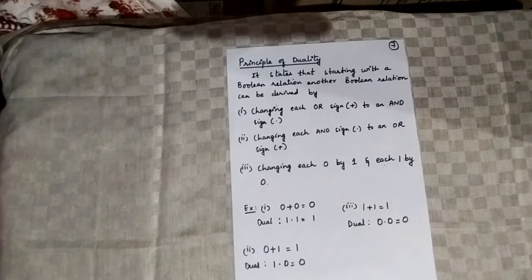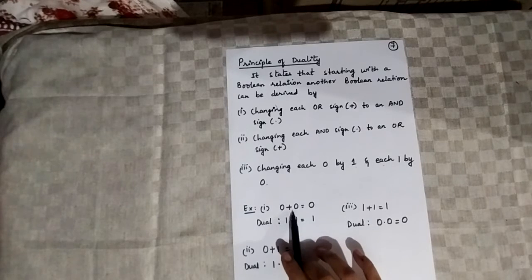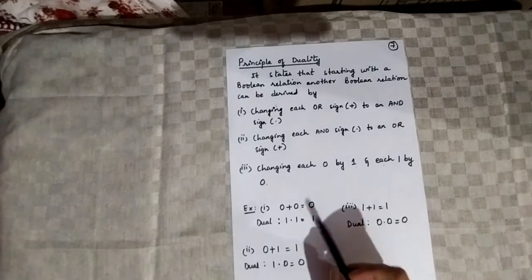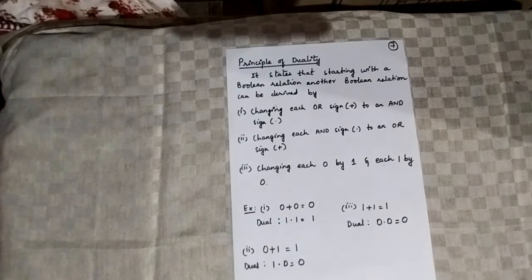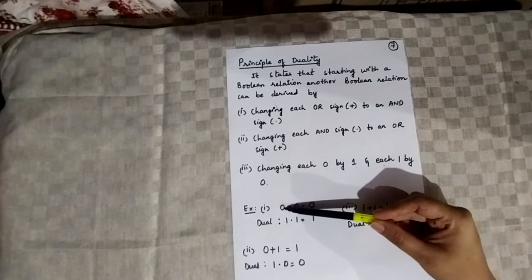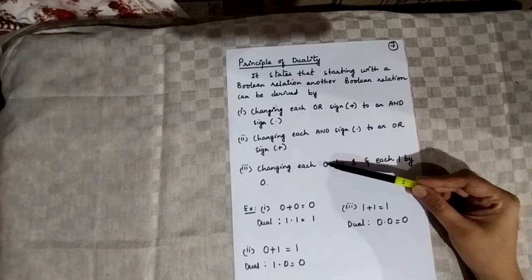So let us consider some examples. Coming to the first one, I have taken a Boolean expression 0 plus 0 equals 0. Now I have to find the dual of this relation. So what is the dual of it? First here I am getting 0. If I have to get the next relation, I change 0 to 1.